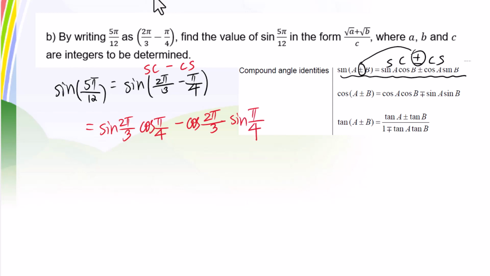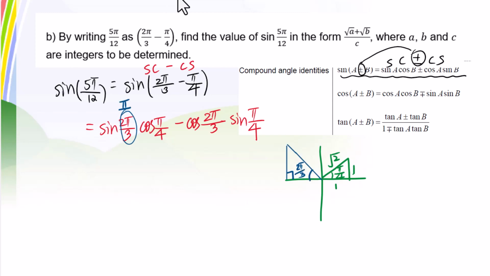Let's go to the coordinate plane. Pi over 4 is in the first quadrant, with sides 1, 1, square root of 2. 2 pi over 3 is in the second quadrant, and the reference angle is 60 degrees. So we get square root of 3, negative 1, 2.